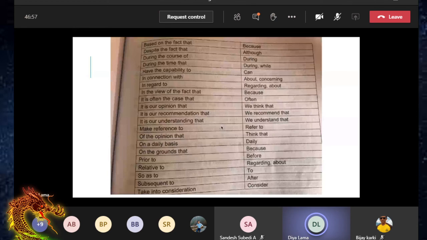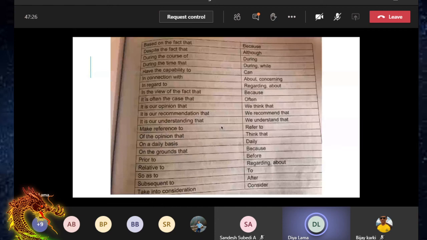It is often the case that. Instead of writing it is often the case that, that's long, right? Just write often and then continue your sentences. It is our opinion that, instead we think that. It is our recommendation that, instead we recommend that.